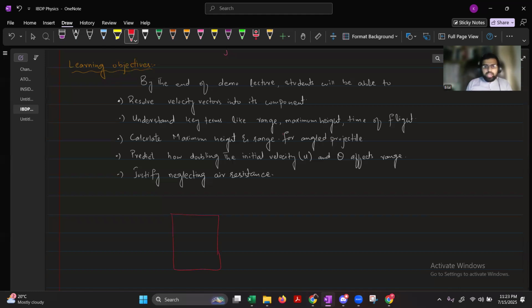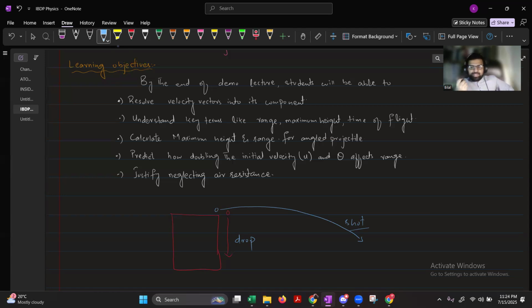If you drop a ball from this height, we know that the ball will fall in a downward direction. But what will happen if I shoot this ball like this? So this is a drop motion and this is a shot motion. My question is, which ball will reach the ground first?